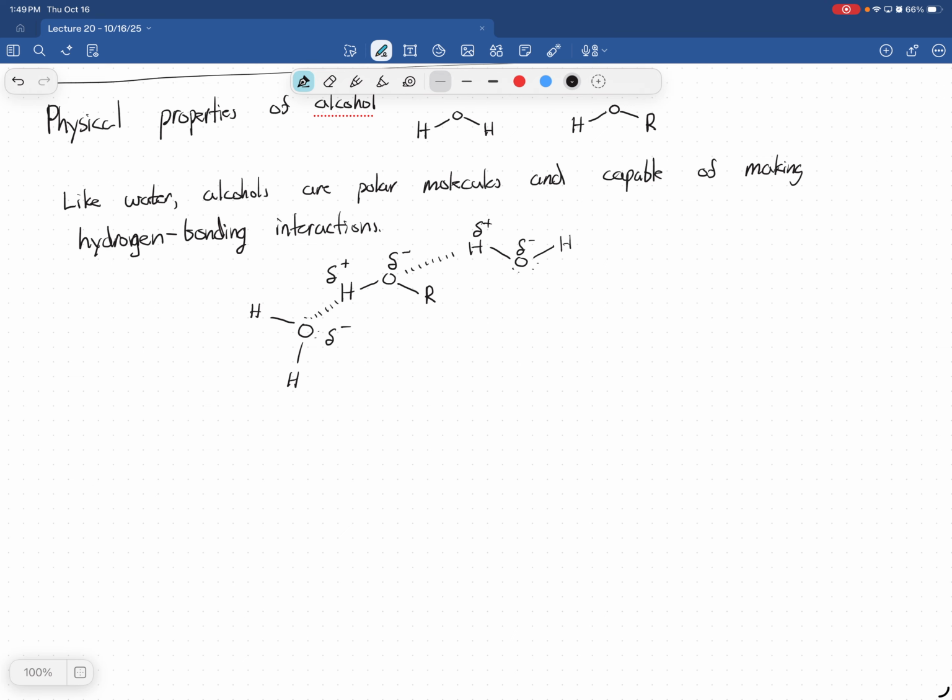Which one's lower, the alkane or the alcohol? No, it'll be reversed. Higher, so more effective, more hydrogen bonding means higher boiling point. And that's because it takes more energy to break this interaction. So as a result of this, alcohols have higher boiling points.